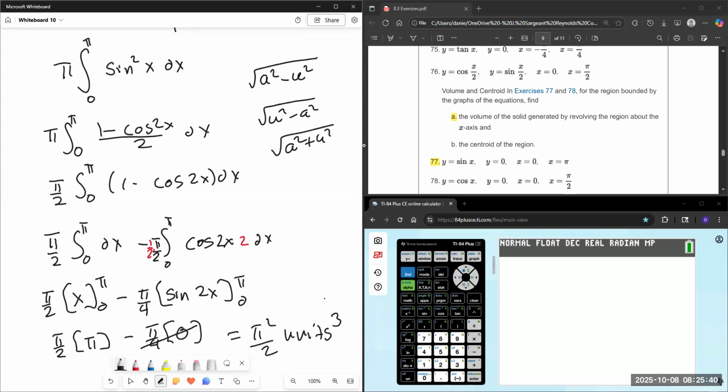Something that we couldn't integrate easily in the algebraic form, we change into a trig integral instead, and then change it back. So that's called trigonometric substitution. We'll talk about that next time.